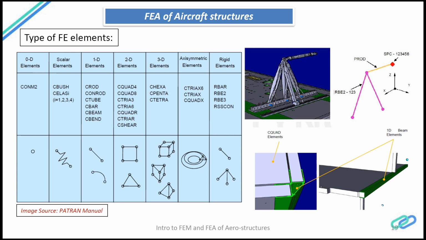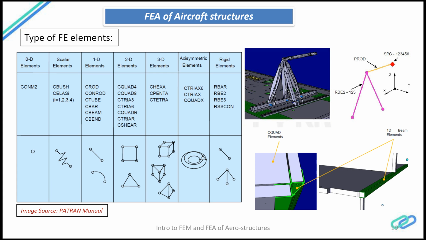And then 3D elements, we have hex, pent and tetra elements. And then there are some axisymmetric elements as well, which are higher order triangular elements and quad elements. And then finally the rigid elements, which are the spider elements.